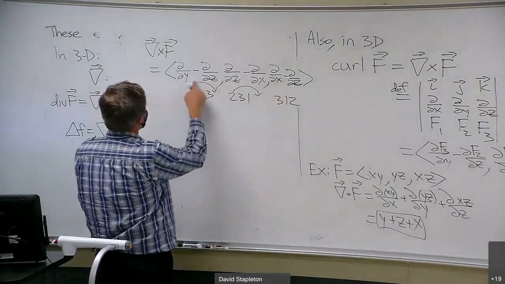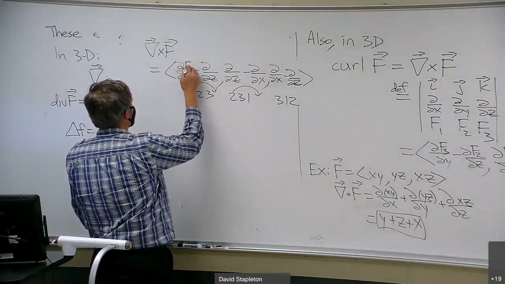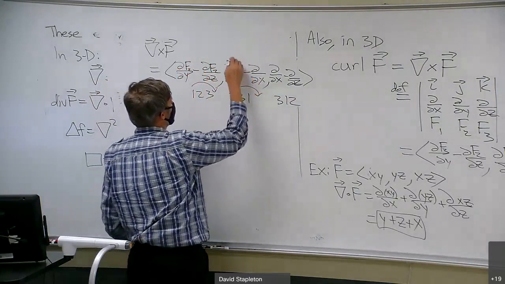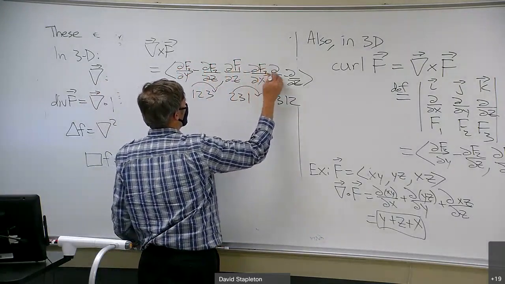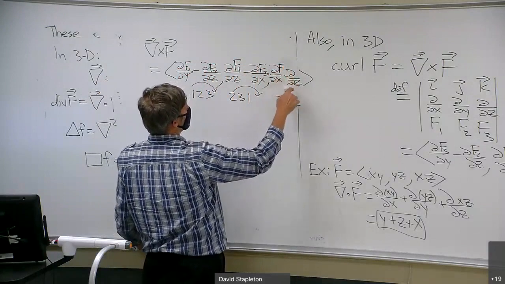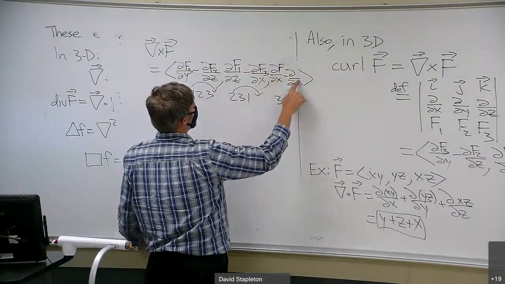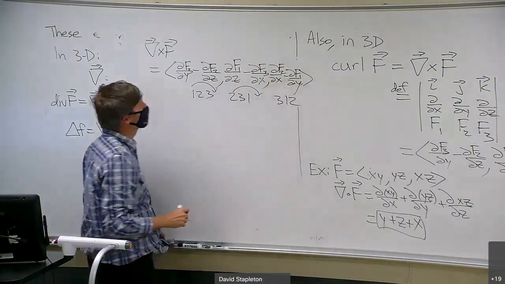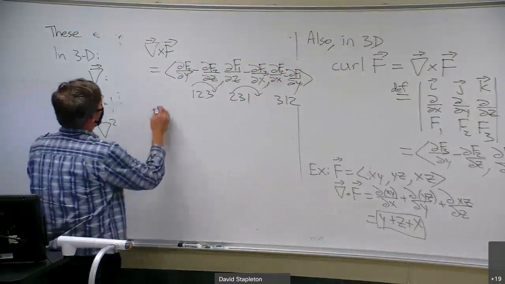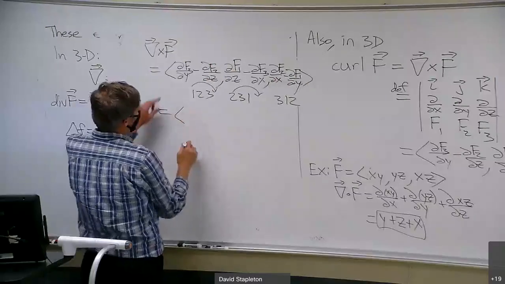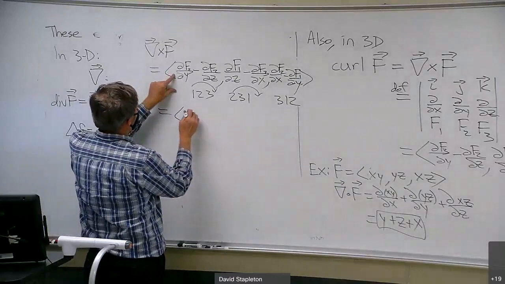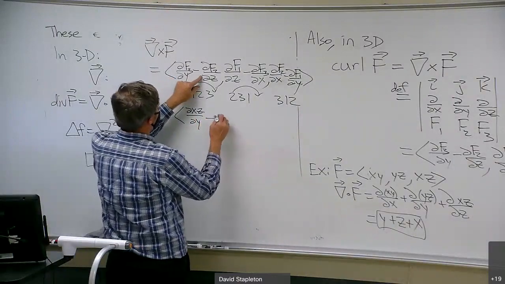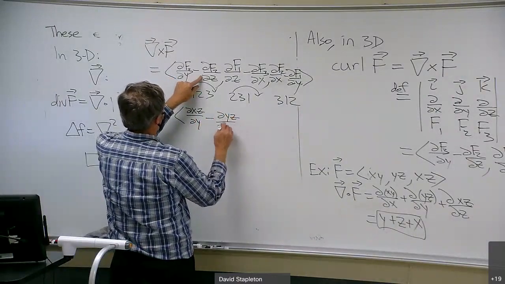Then you got to put the corresponding components up here. You got to put the F3 here with the y, and then F2 with this one. And with this one, you need the F1, and with this one, the F3, and with this one, you need the F. So this is 1, 2. It's d/dx minus d/dy, df2 and df1. So what are we going to get now? We're going to take derivative of xz minus derivative of yz with respect to z.